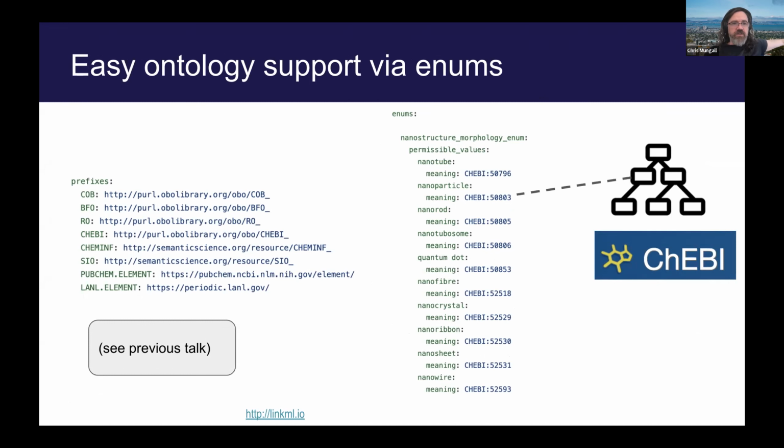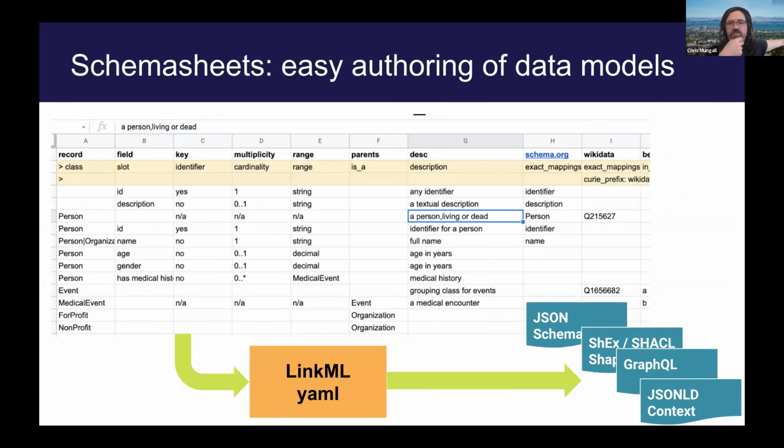But what you can do is essentially declare prefixes in the block of your schema. We're actually working with Charlie to use Bioregistry as our main prefix registry, and then you can assign meanings to each of the elements within your enumerations that are backed by different ontologies, and this gives you just an additional level of semantic rigor underpinning your data model.